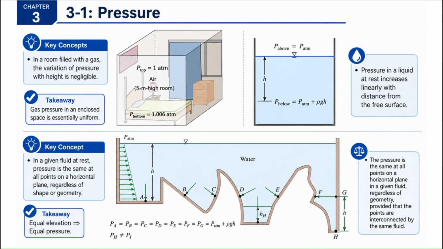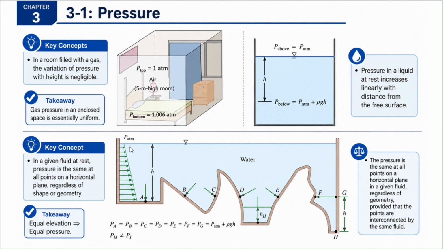In gases, the density is relatively small. Therefore, pressure variation over ordinary room scale heights is usually negligible. For example, in a 5-meter high room, the pressure change between floor and ceiling is very small relative to atmospheric pressure. Thus, gas pressure in small enclosures is commonly treated as uniform.